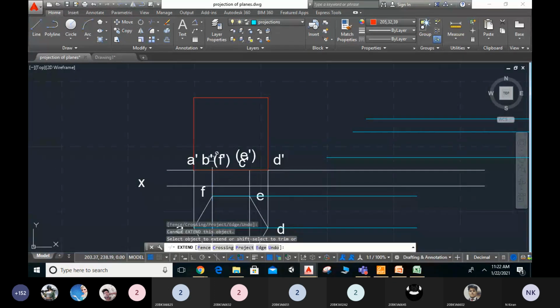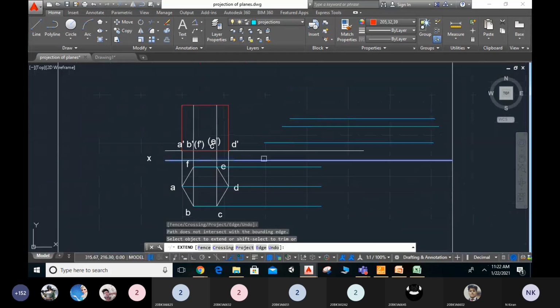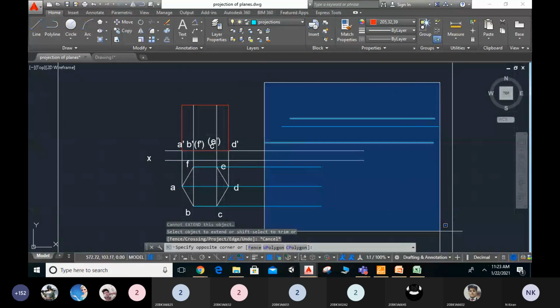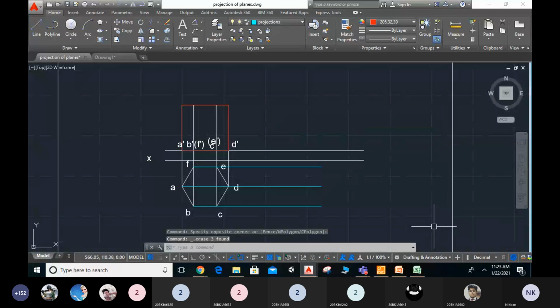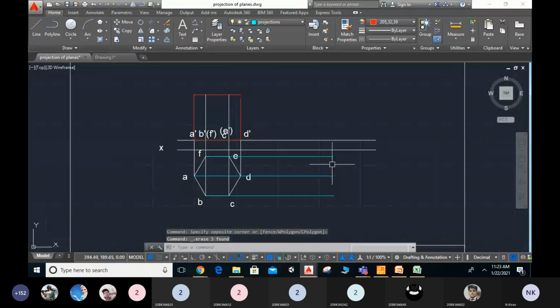See, as it is objecting by lines... Now, this is the front view which you will get in the hexagonal prism.